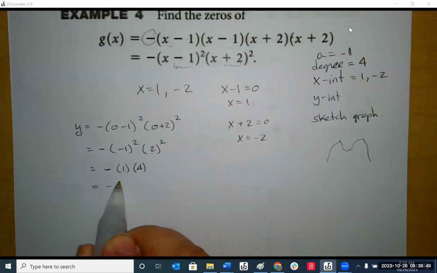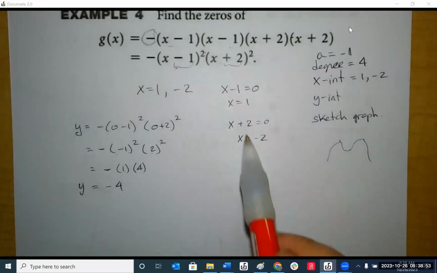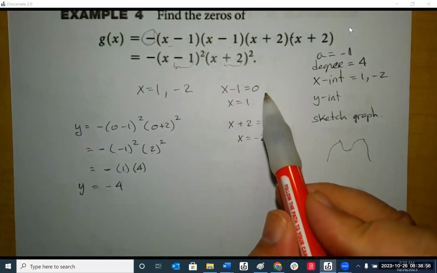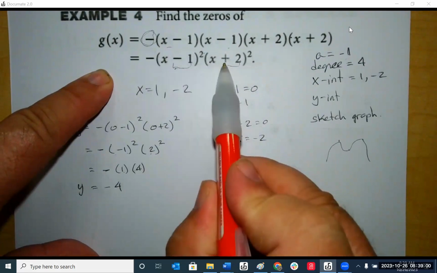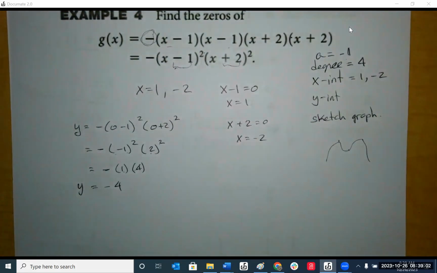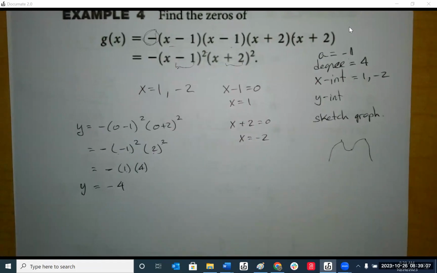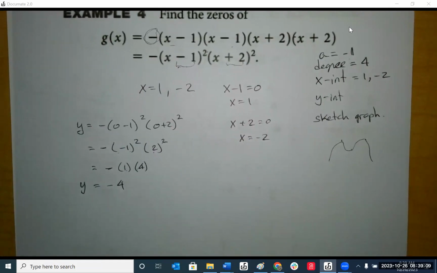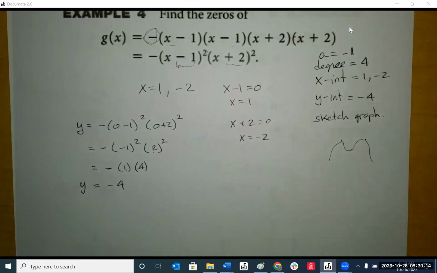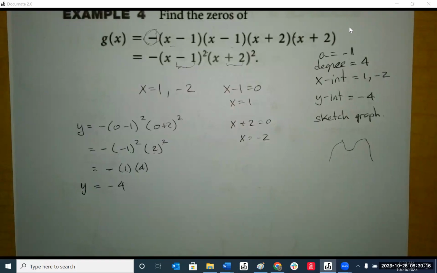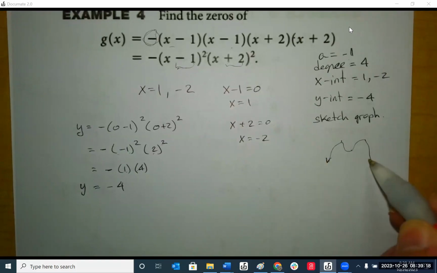Because we found our x-intercepts by setting y equal to 0, we're setting each of these separately to equal 0. So the y-intercept is at -4. And we know the end behavior is that at both ends it goes down.